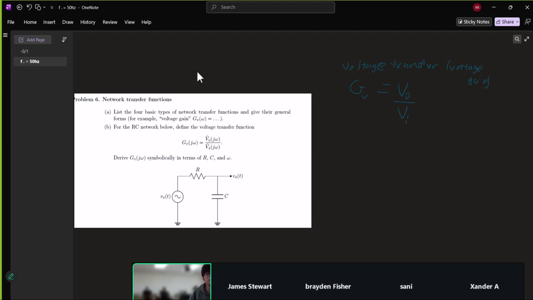These are all in the frequency domain. These are Laplace transforms of things in the time domain. So these functions are all functions of j omega. You will also see them as functions of s, where s is j omega. You also have a current gain.